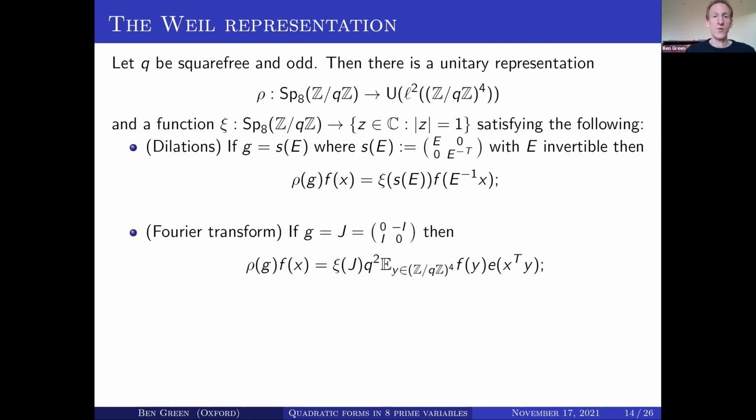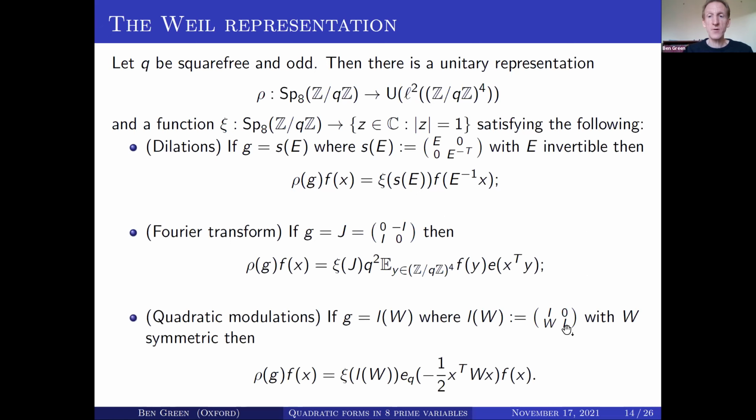The Fourier transform, well, this particular matrix J, which is also a symplectic matrix, in fact, a very famous symplectic matrix, 0 minus I 0, that matrix acts via the unitarized Fourier transform, again, twisted by a unit complex number.